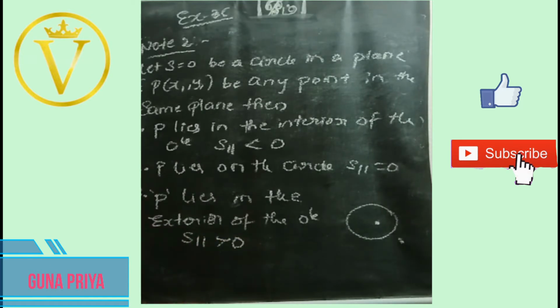This is a very simple thing, don't confuse it. Three points: if the point is in the interior, S11 is less than 0; if a point is on the circle, S11 is equal to 0; if it is exterior, S11 is greater than 0.